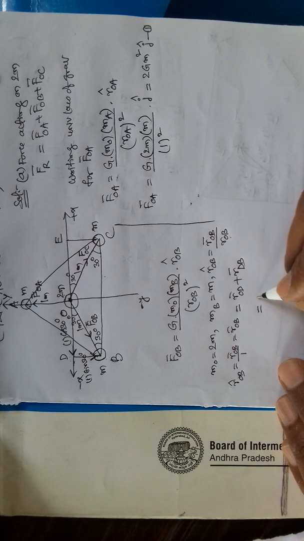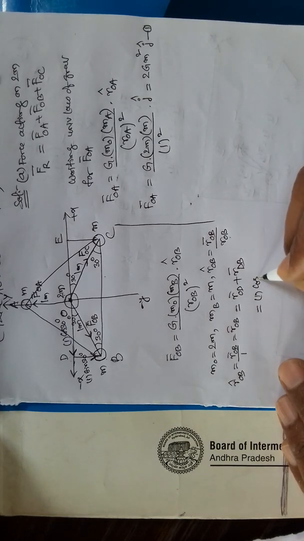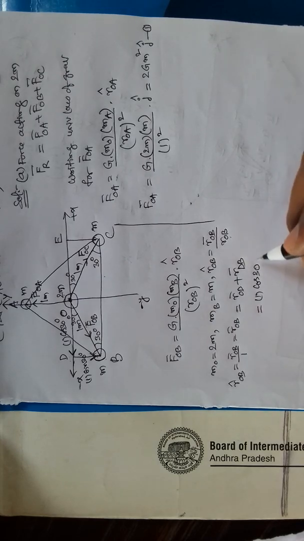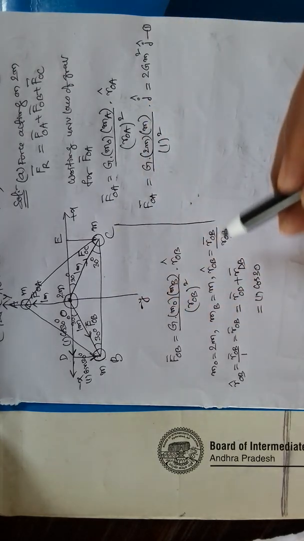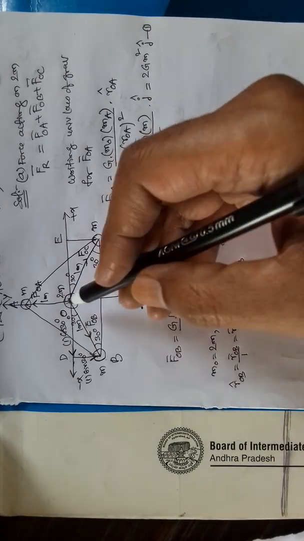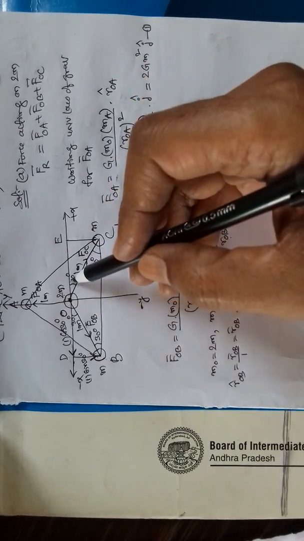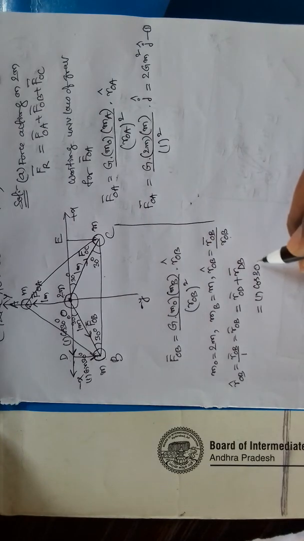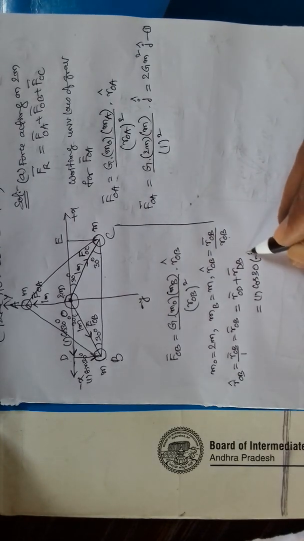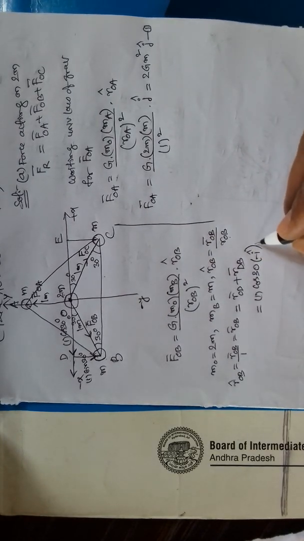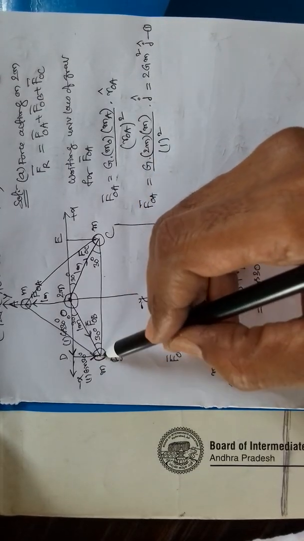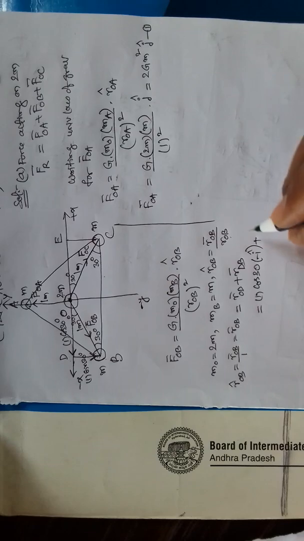So 1 cos 30, and direction is required. So this is positive x-axis means i, negative x-axis means minus i, plus RDB, this one. So this one is 1 sin 30.